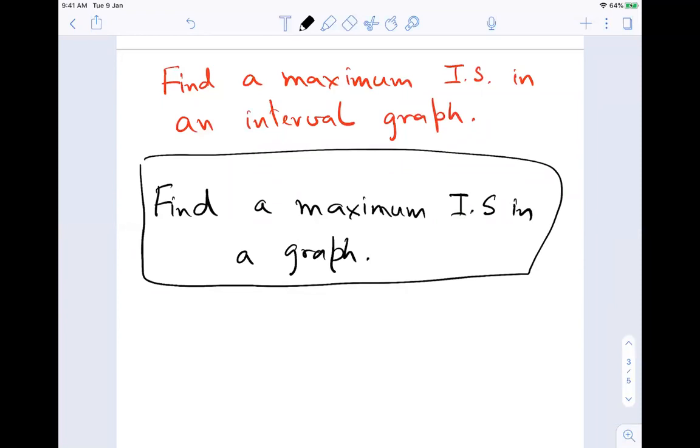Maybe empty. Okay, an independent set cannot be empty because at least one vertex you can always choose, right? And of course, you can come up with much more non-trivial independent sets. So this is a valid question, by the way. This is not a bad question.